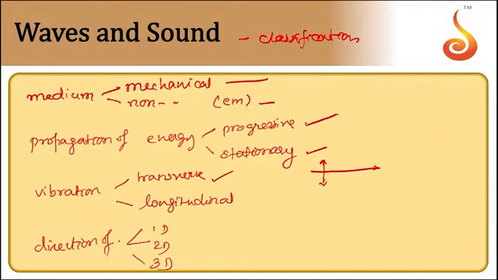For example, waves on a string. In the case of longitudinal waves, the particle vibration direction and energy propagation are the same, parallel. For example, sound. One-dimensional waves, as the name suggests, are waves traveling along a particular direction, like waves on strings. 2D, for example, surface waves or ripples on water. 3D, sound, light, etc. are the examples for these.